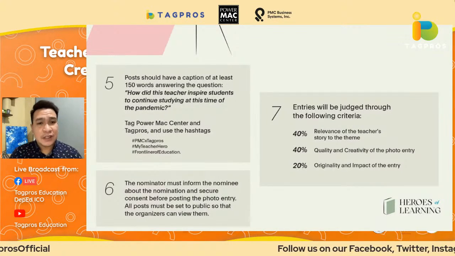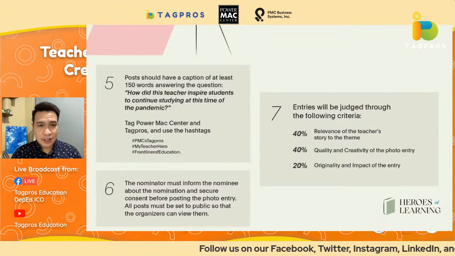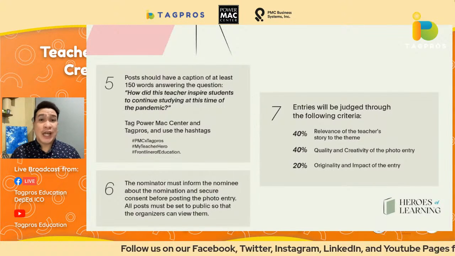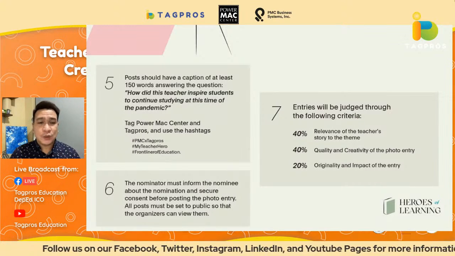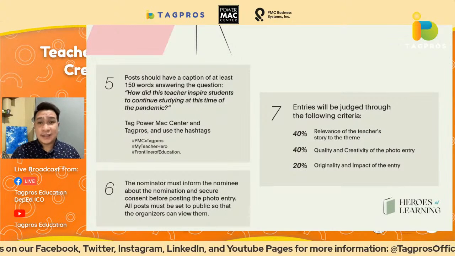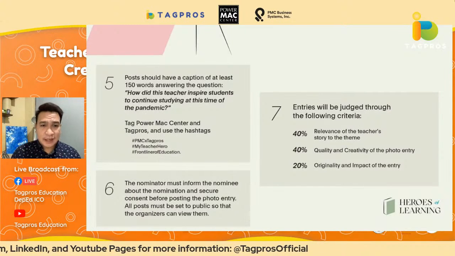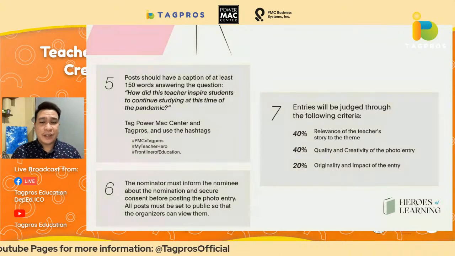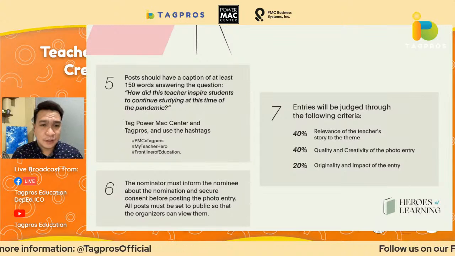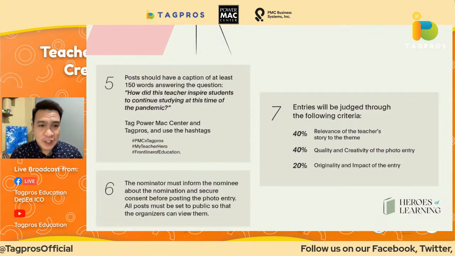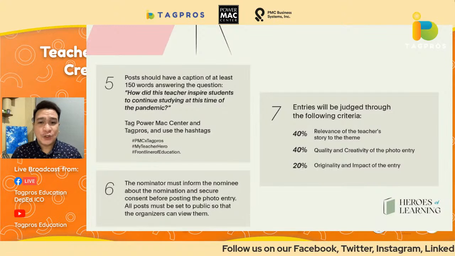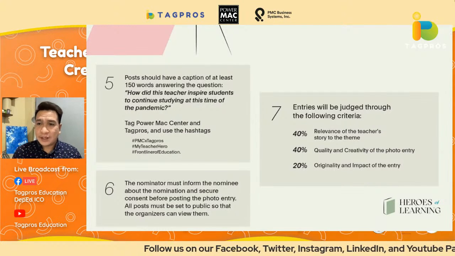Second, put a 150-word caption which answers that question. And then tag Power Mac Center and Tag Pros, and use a very important hashtag. Oh, this is a wrong hashtag. Our hashtag is Heroes of Learning 2021.